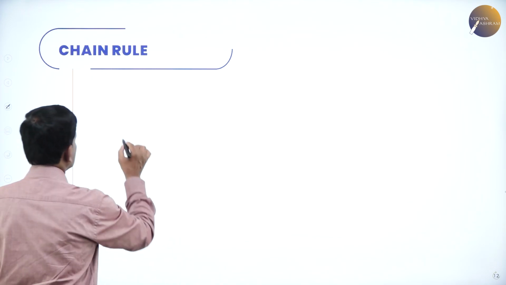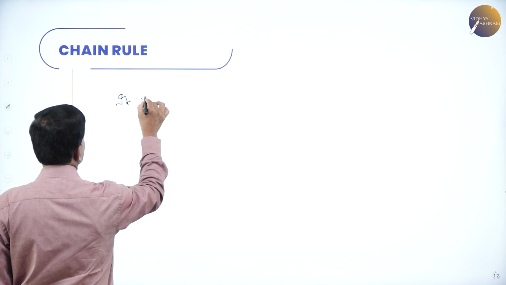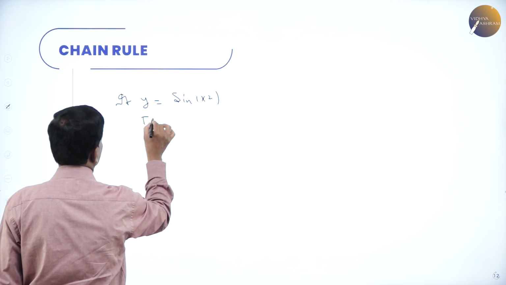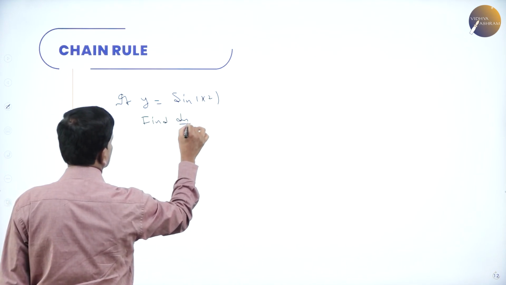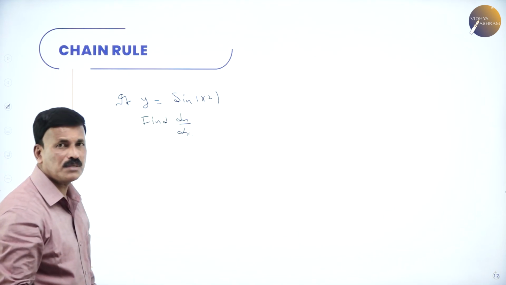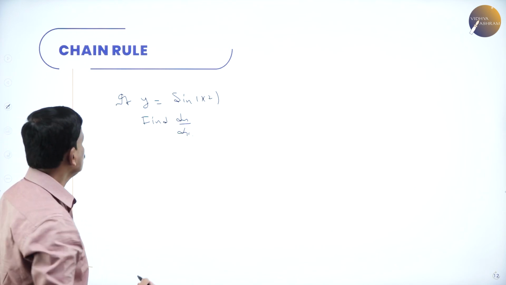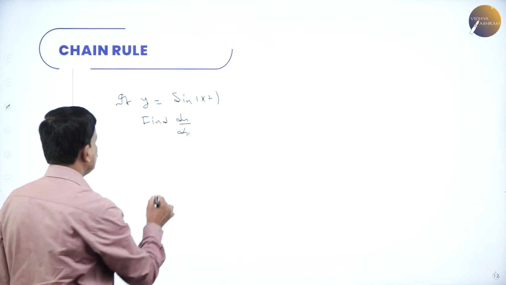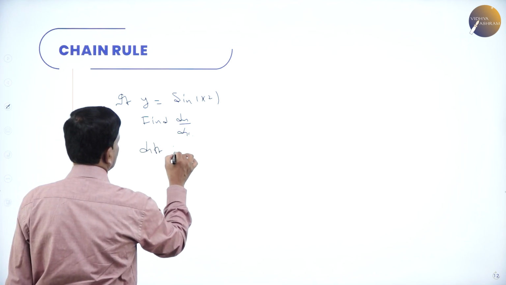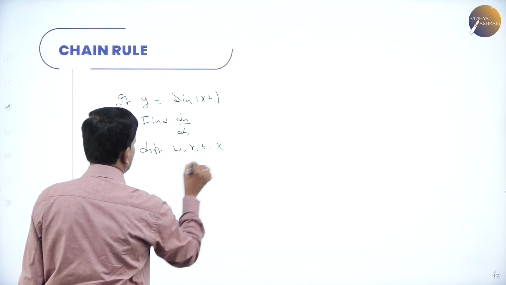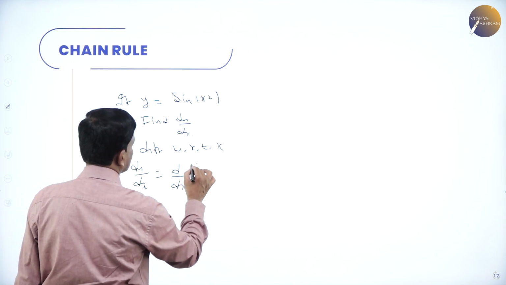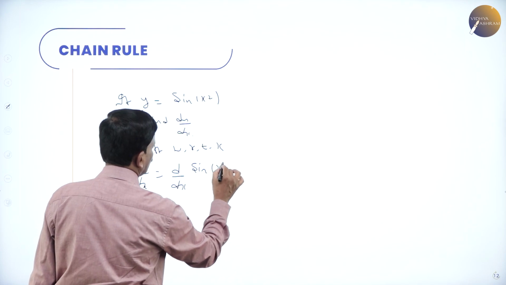Now let us take a few more problems based on this. Consider if y is equal to sine of x square, find dy by dx. Usually you will get this type of problem for 1 mark. Differentiating with respect to x, dy by dx is equal to d by dx of sine of x square.